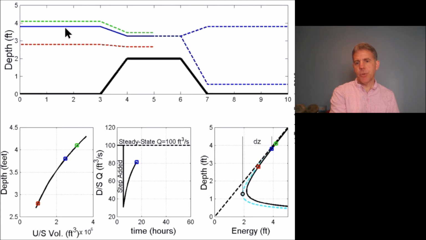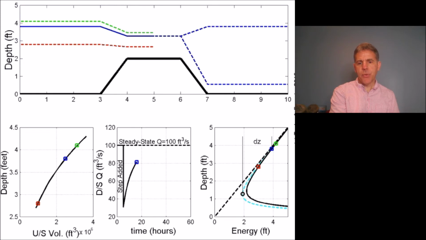You can see that the blue curve is closer to the dashed green curve, and you can see that the EY diagram that corresponds to the current discharge, which is about 80 CFS, is now getting closer to the 100 CFS case. And I didn't mention it before, but you can see the delta Z represented here. These are the conditions downstream of the step, how much energy we'll have once we get to the other side.